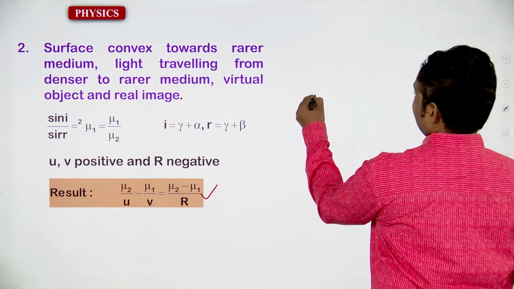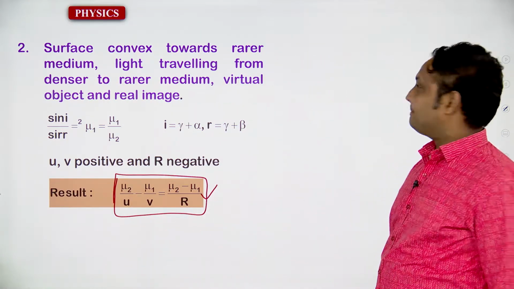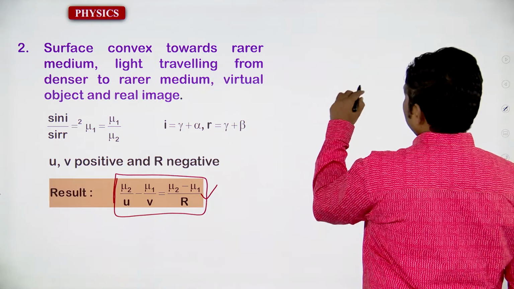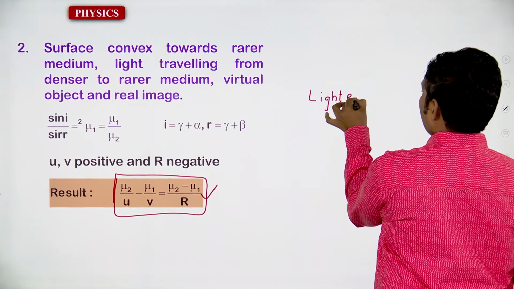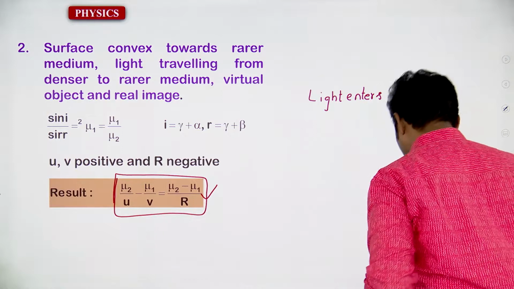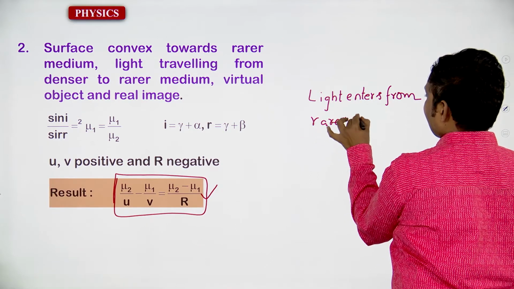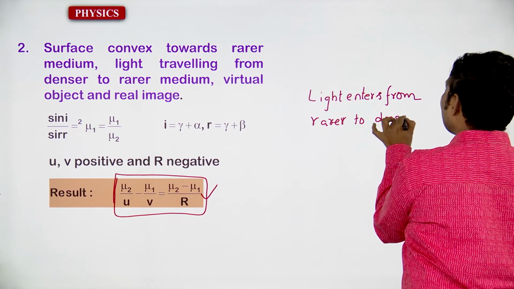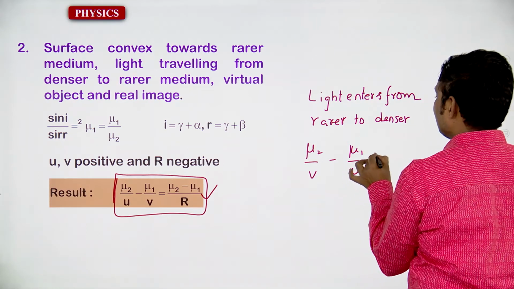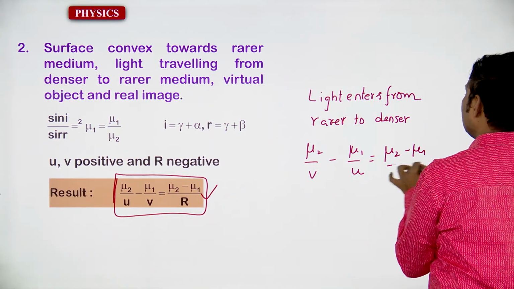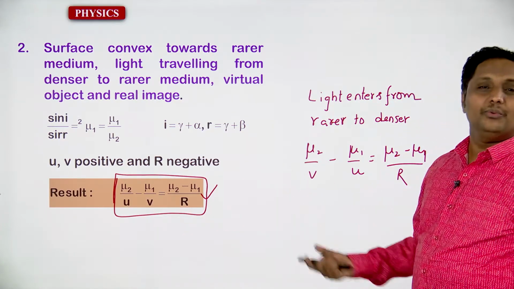Then you have to confirm mu 2 by v minus mu 1 by u is equal to mu 2 minus mu 1 by R. It's very clear what we have seen, but it's quite different when you consider that light enters from the denser medium to the rarer medium.